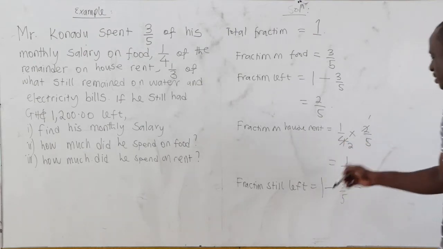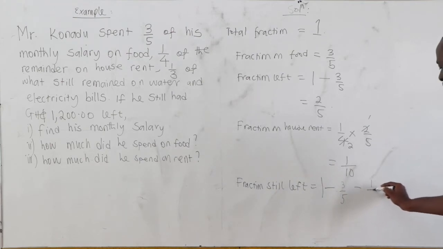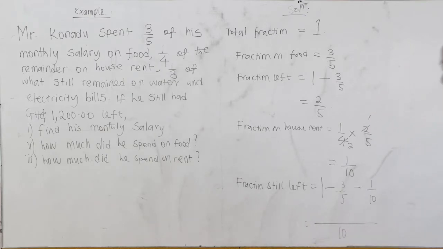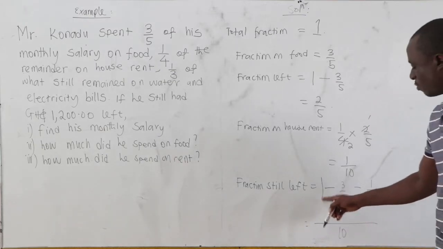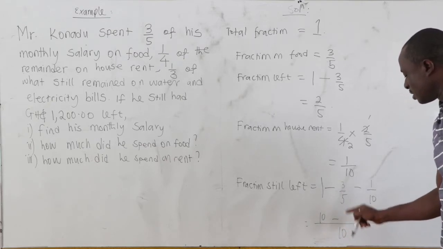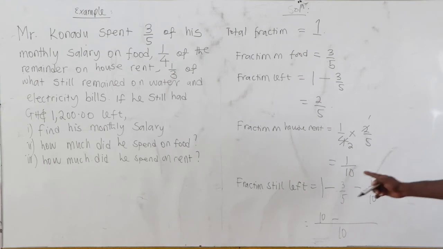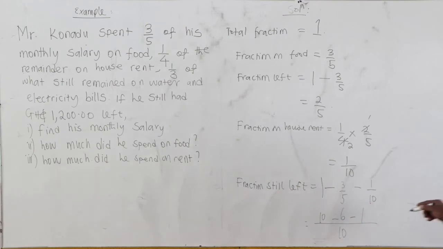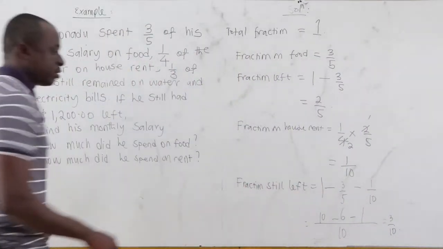And then house rent, that is 1 over 10, so we have minus 1 over 10. Now from here, what is the LCM? The LCM is 10. And then 1 goes into 10, 10 times, 10 times 1, so you have 10. Now 5 going into 10, that is 2 times 3, we have 6. And then 10 will cancel 10, so we have 1. And this is just equal to 3 over 10. So fraction still left is 3 over 10.